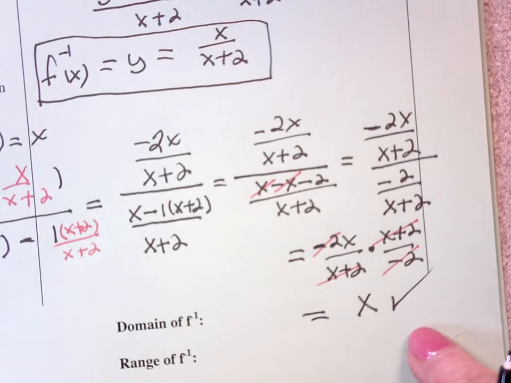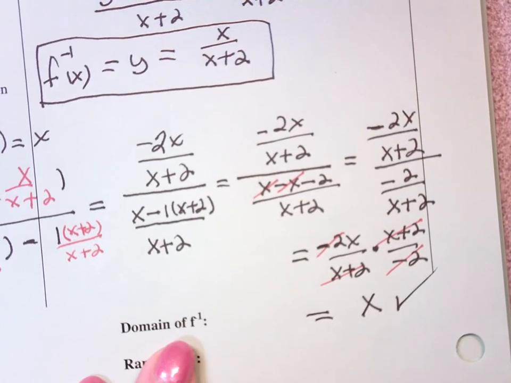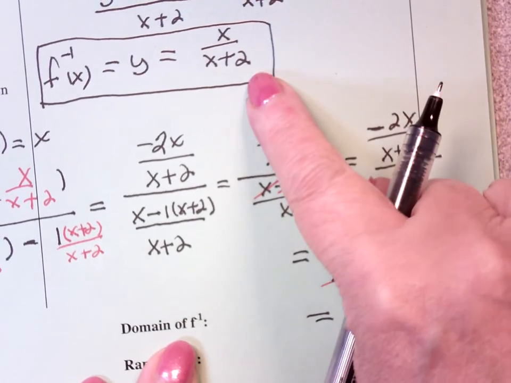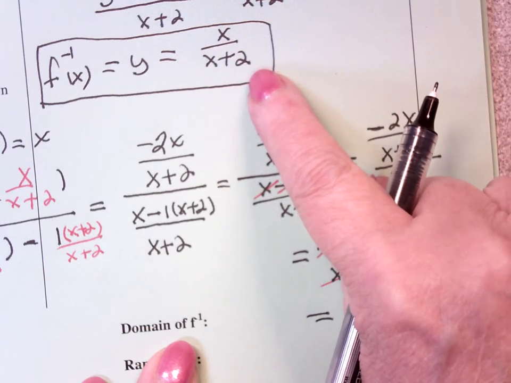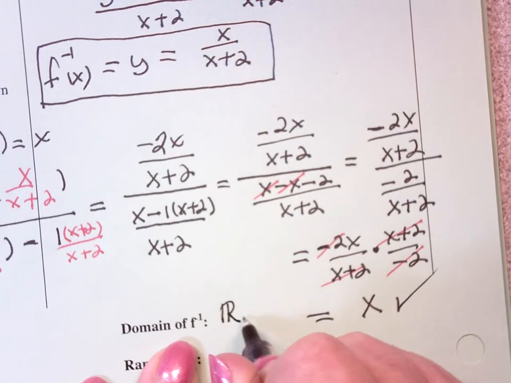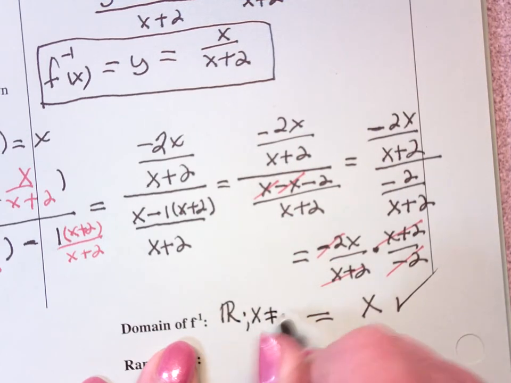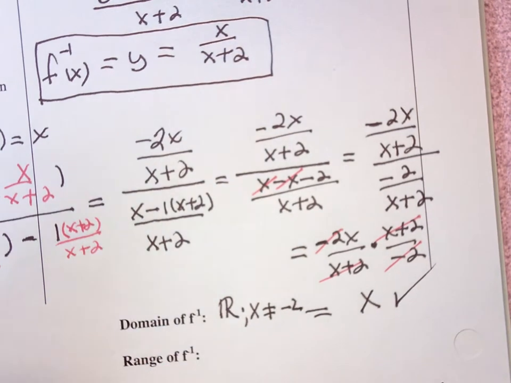Now, just off the top, since this is what you guys are still copying, what's the domain of the inverse function? If this is the inverse function, what's this domain? All real numbers, x can't be negative 2, right? Don't know what the range is, haven't a clue.